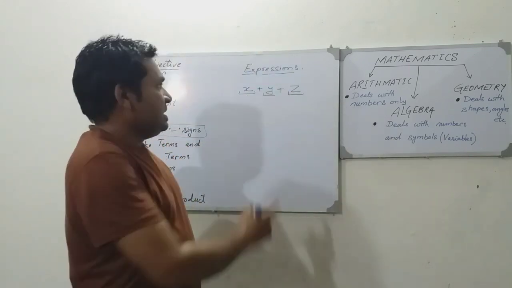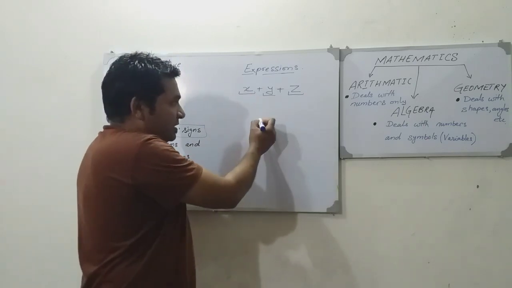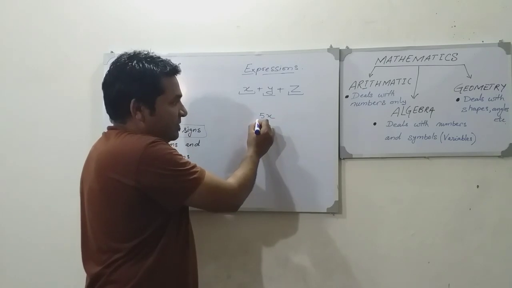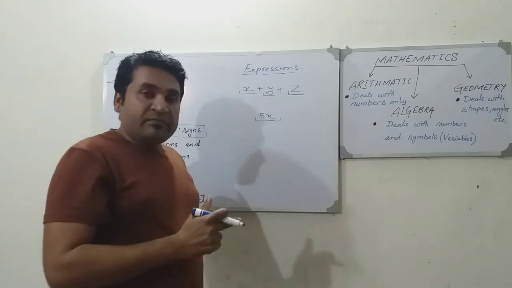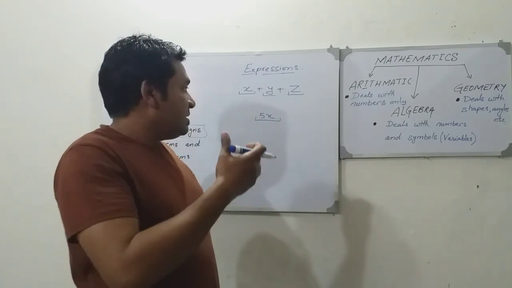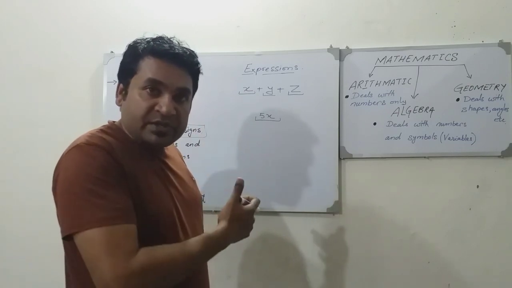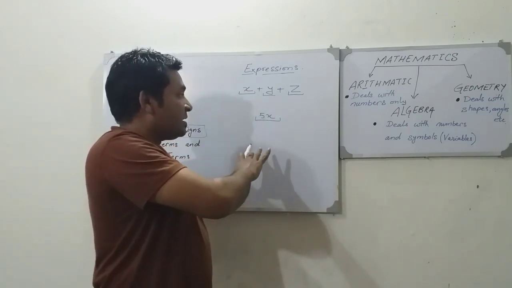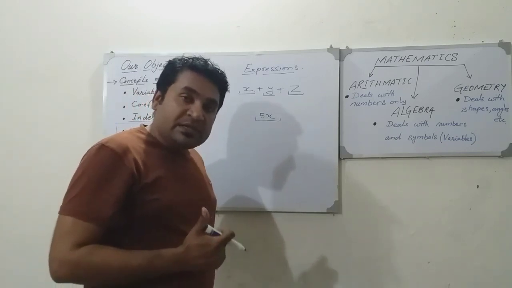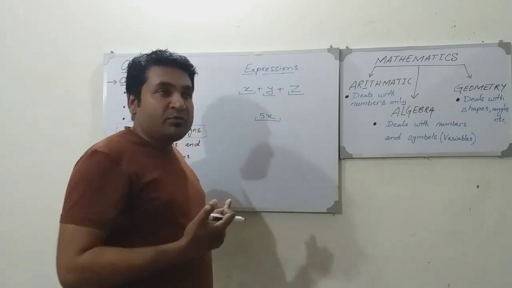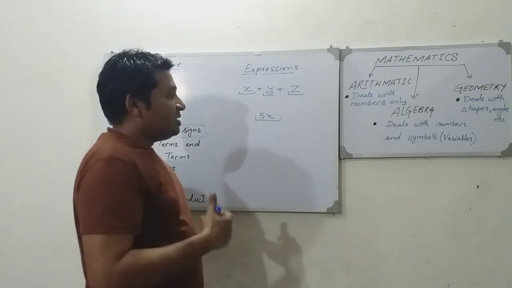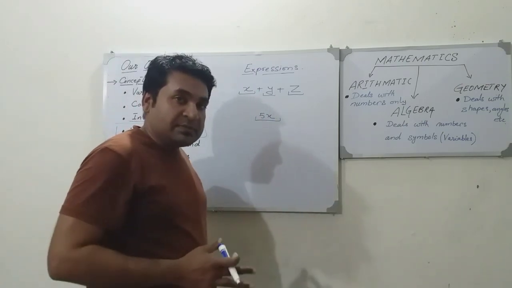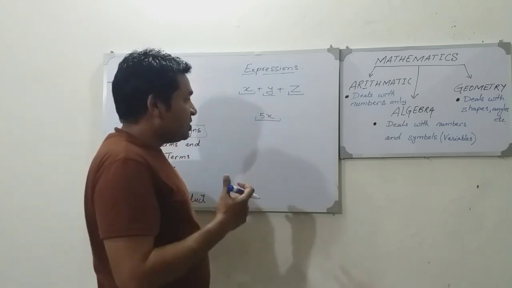So even if we have 5x, it's one term, and it's an expression. It can be of one term, two terms, three terms, or four. And in this way, as the number of terms increases, the name of the expression keeps on changing.